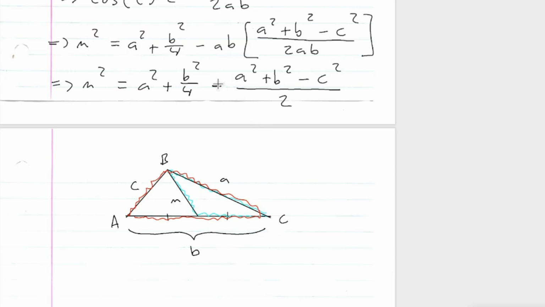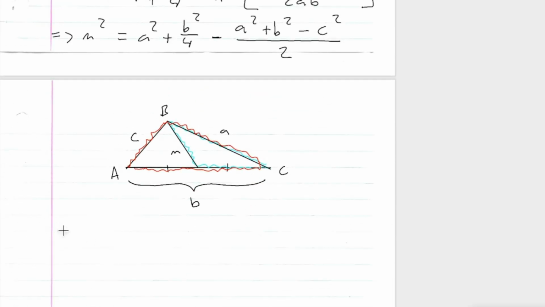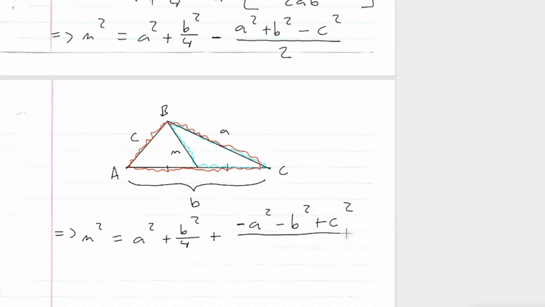So now I'm going to distribute this negative to the numerator. This gives me m squared is equal to a squared plus b squared over 4 plus negative a squared minus b squared plus c squared, all over 2.